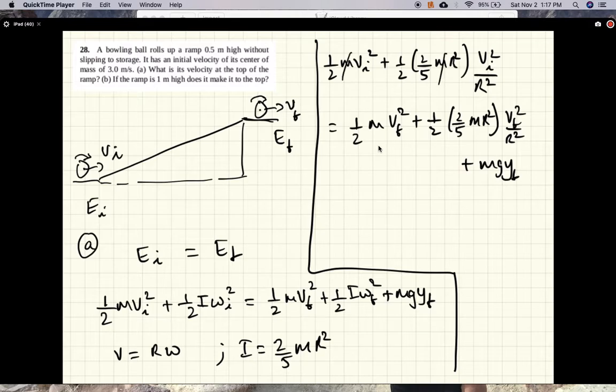You can see that the mass cancels from every term, so that's a good thing. Irrespective of the mass, the final velocity will be the same as long as the radius is the same.